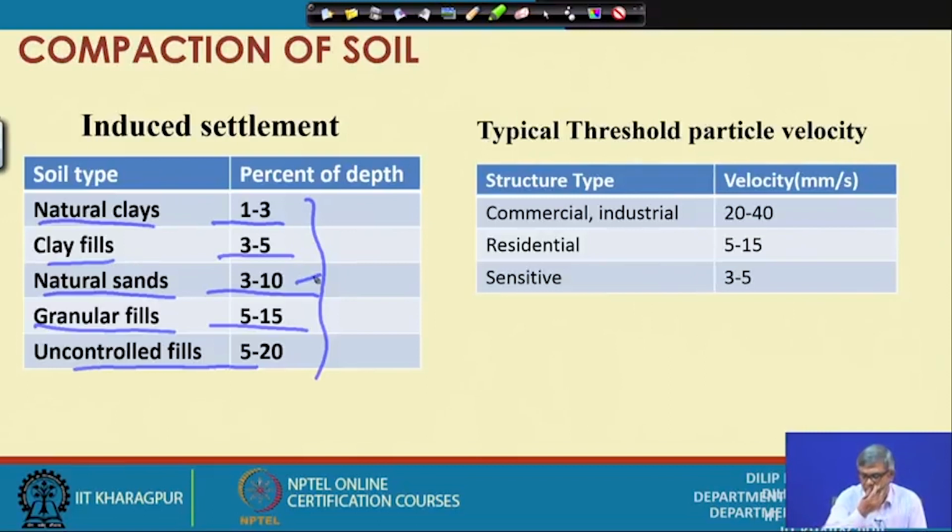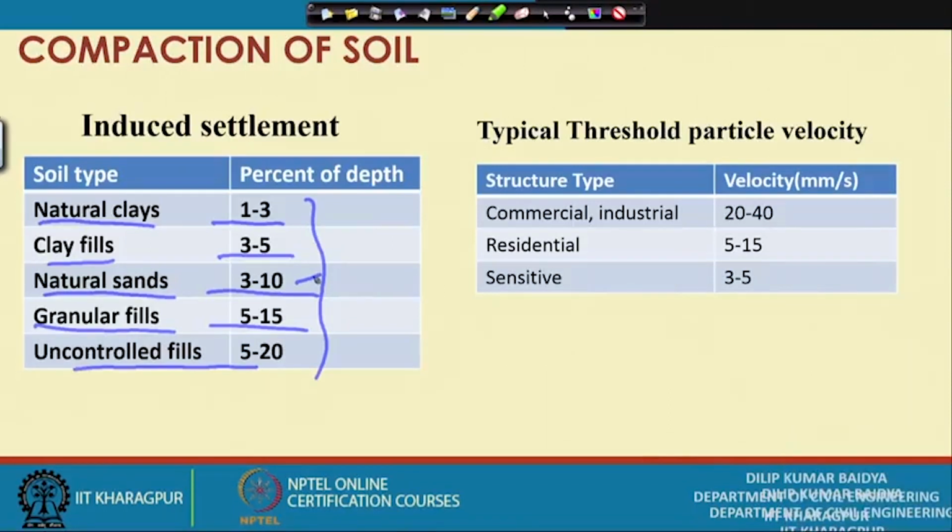Similarly, as I have mentioned, another governing parameter is the peak particle velocity. That means in a site, if you do the compaction, during that compaction a lot of vibration will be there. Vibration is measured by peak particle velocity, which will propagate, and there is a method for it. I am not discussing that, it is perhaps not important at this level.